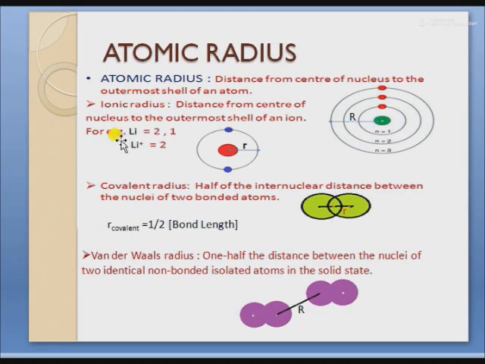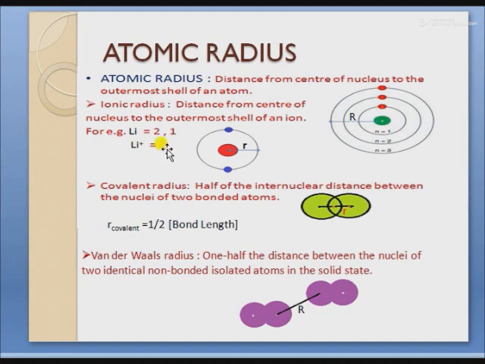Here we have an example. For example, lithium. It has two shells, first shell and second shell. The first shell contains 2 electrons and the second shell contains 1 electron. If we remove this 1 electron from the second shell, we are left with the first shell, which contains only 2 electrons, and lithium carries a positive charge, that is Li+.